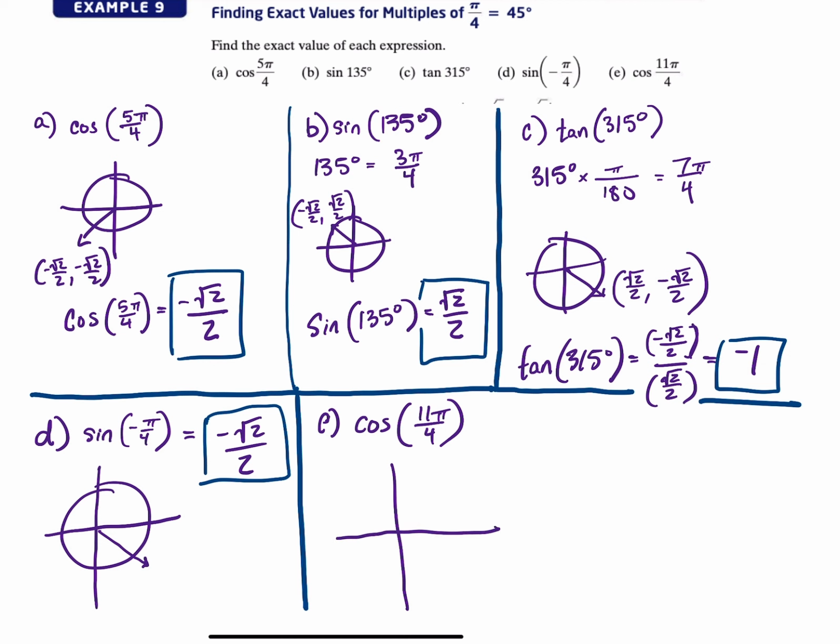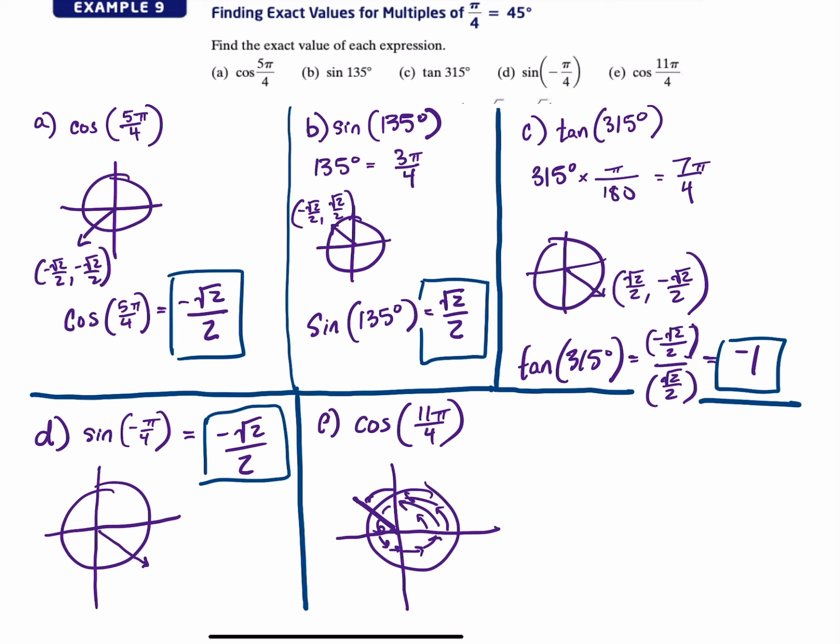So pi over 4 is 45 degrees, so we'll get 2 pi over 4s per quadrant. You can imagine 1 pi over 4, 2 pi over 4, 3 pi over 4, 4, 5, 6, 7, 8, 9, 10, 11. This will end us up over here. So we terminate in the second quadrant.